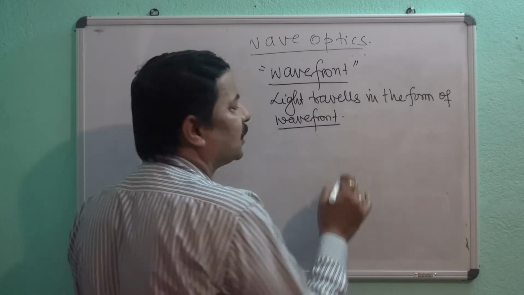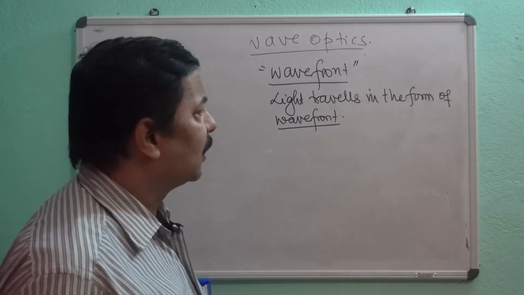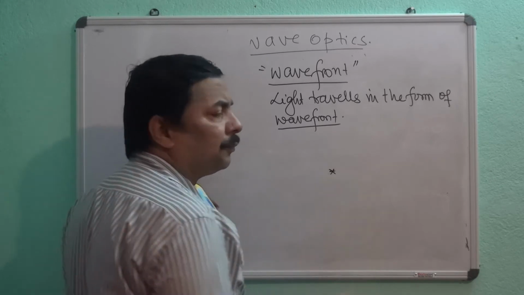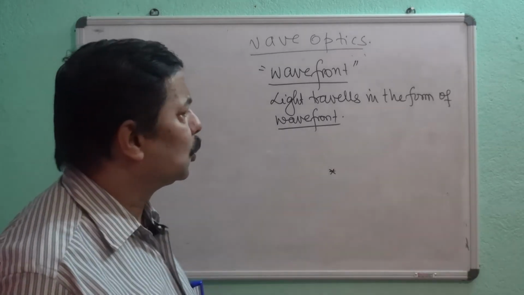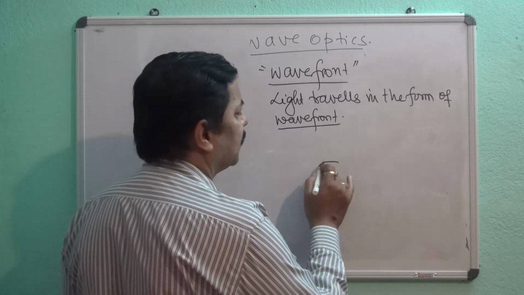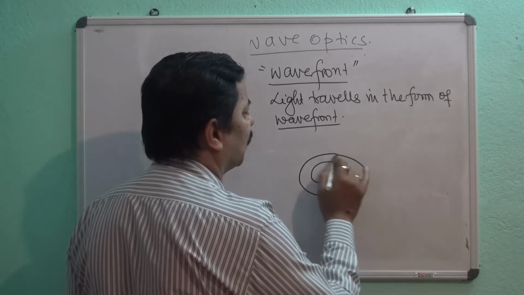Now what is this wavefront? You can understand this concept in a pool of water. If we drop a stone, we will observe that circular ripples develop and start going in the outward direction.